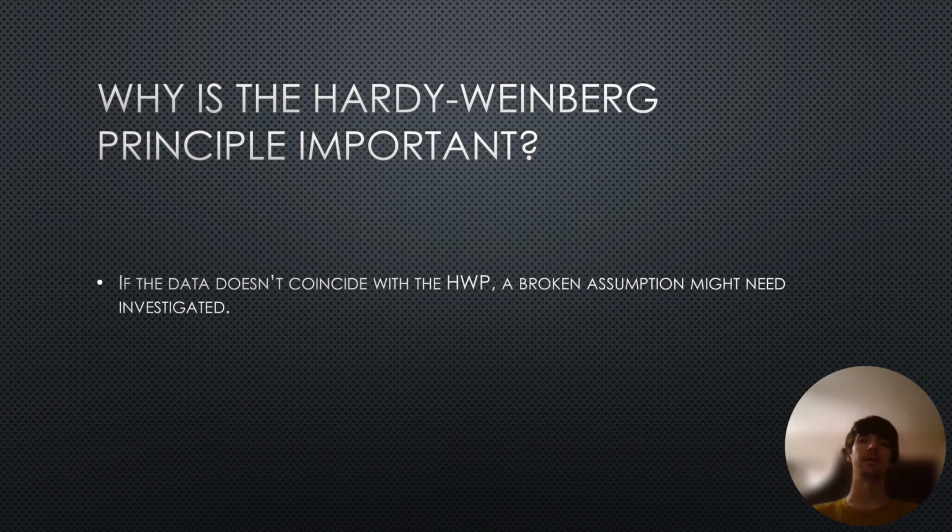Without the HWP, it would take longer to quantify if something was amiss. The HWP provides a rough idea of what to expect from a sample. If the equilibrium is not represented in the data you are studying, it may be time to investigate which, if any, of the assumptions are being violated. If the equilibrium is approximately represented, you might switch your focus from hereditary factors to environmental ones.